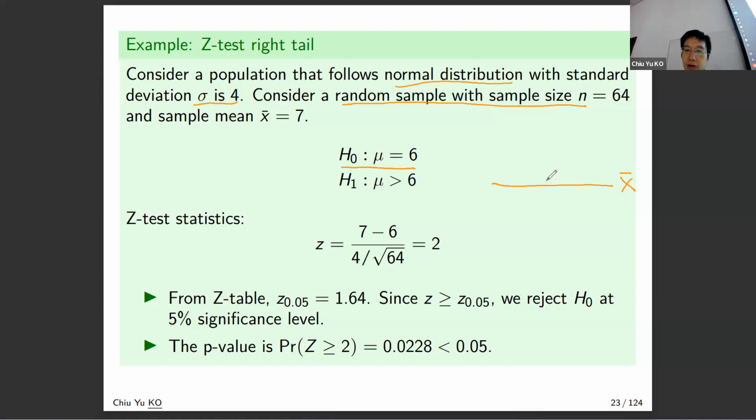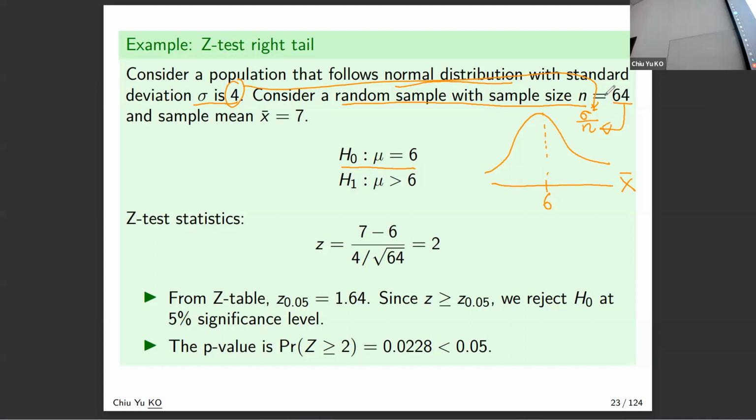So what someone claimed is 6 here. That's a bell curve, somewhere here, and the variance is sigma squared over n. That would be how the bell looks. Remind yourself n is 64 and sigma is 4. So this thing I know, I know how spread out this graph looks.